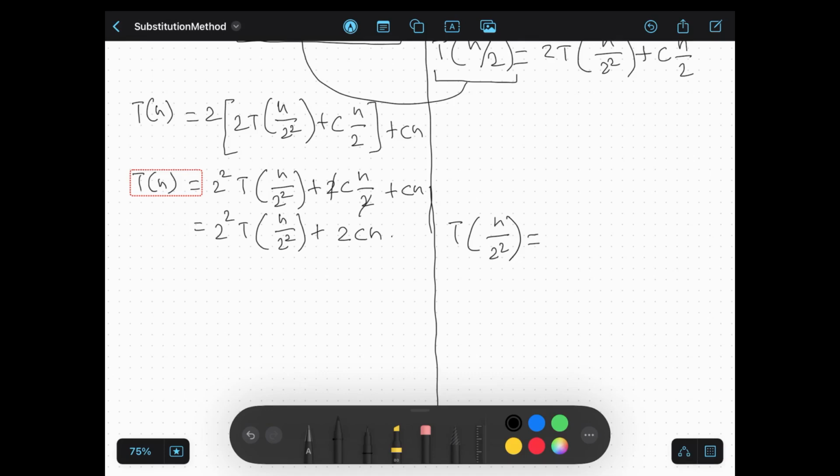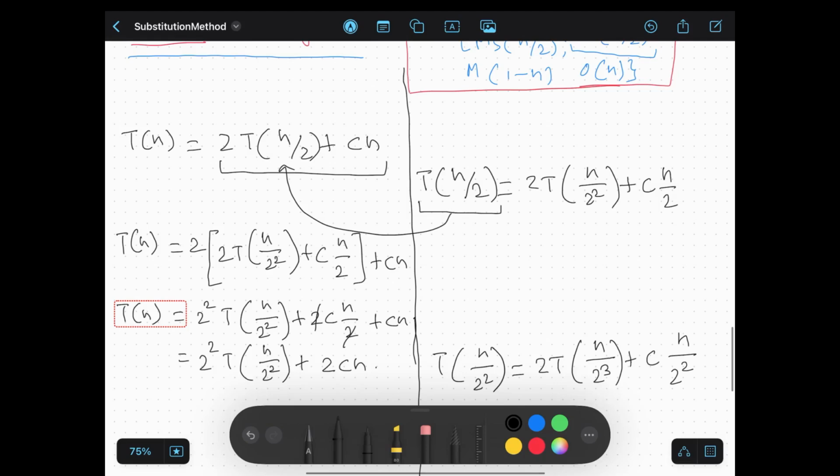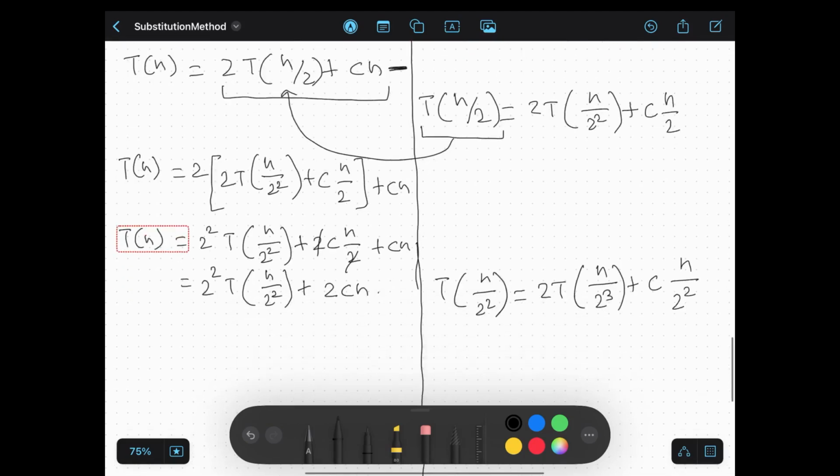So then this becomes T(n upon 2 cube) plus c n upon 2 square from here.